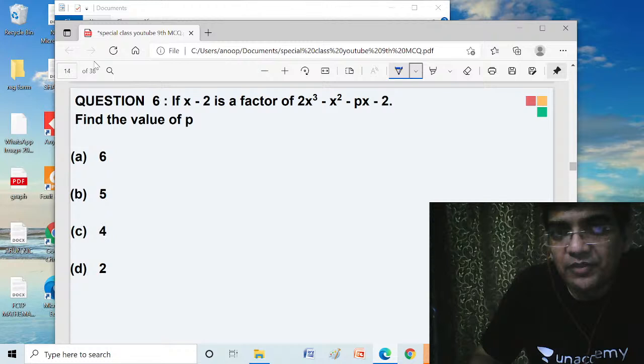This is the polynomial given to me. Now in this polynomial, I will substitute the value of x, which is plus 2. Let me substitute this value.